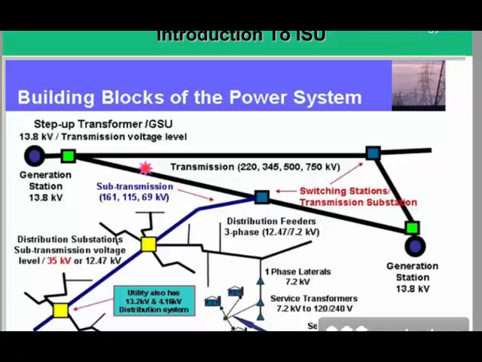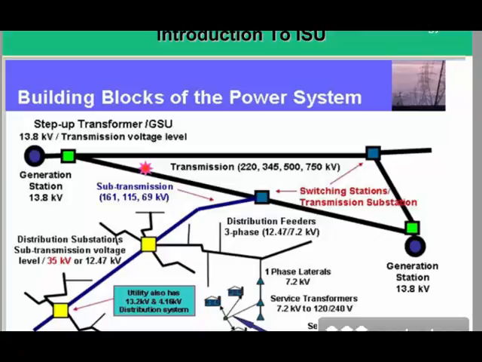There is a generation station which is generating 13.8 kilovolt of electricity, and then there is a step-up transformer which increases the voltage of the electricity generated to 69 kilovolt, and then this is transmitted through 220 kilovolt line, 750 and 69 kilovolt lines, till it goes to a switching station, which is a transmission substation. And then this switching station is switching it between two downstream substations.